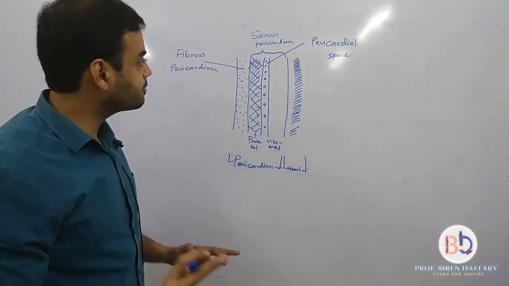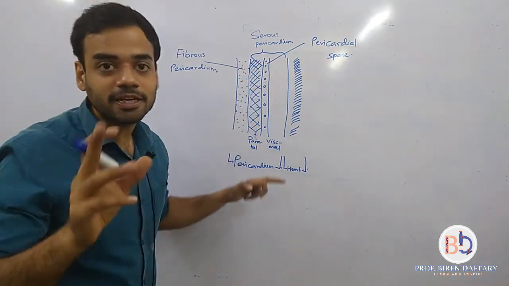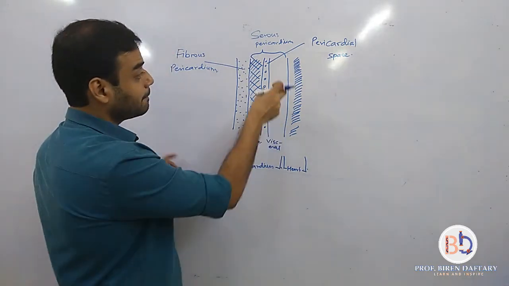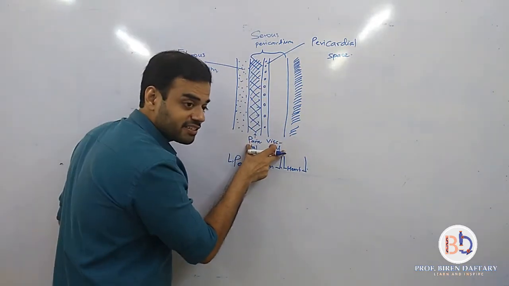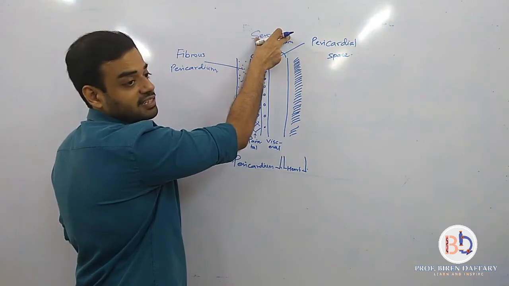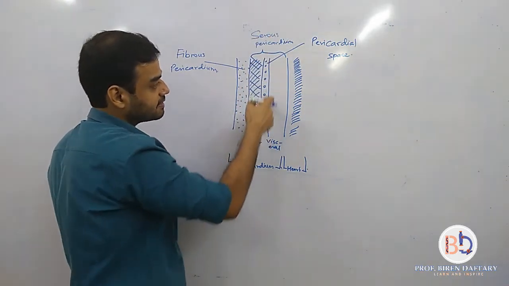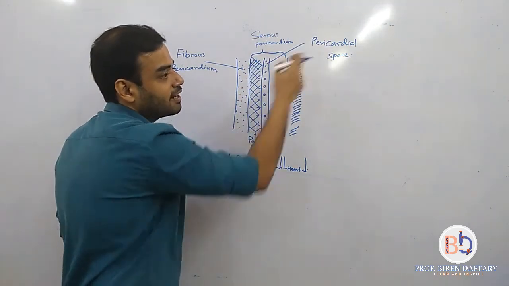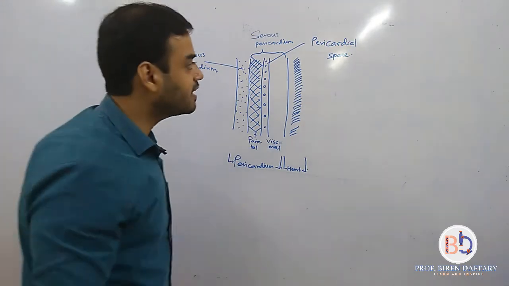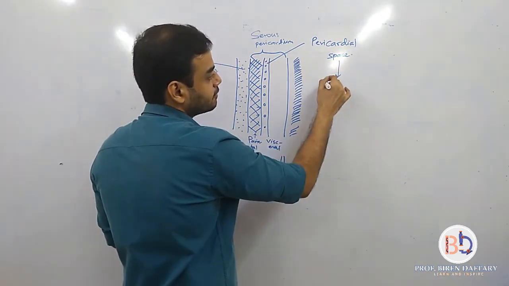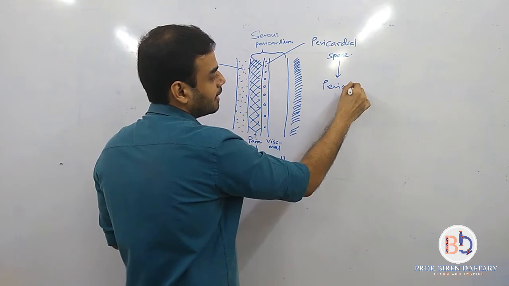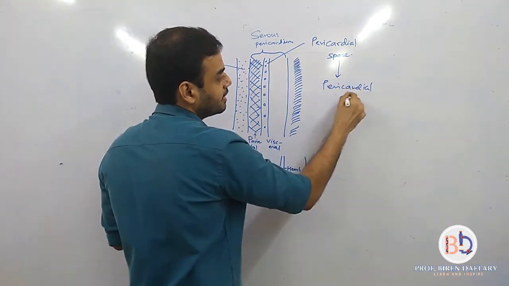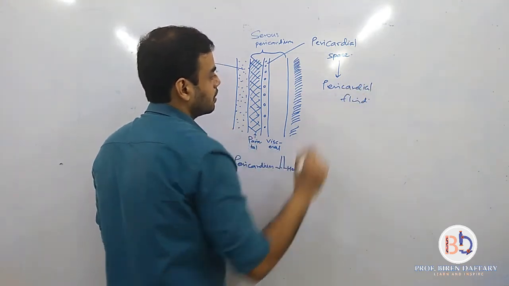It is not the space between fibrous and serous pericardium, it is the space between the parietal and visceral pericardium of the serous layer. This space is called the pericardial space, and it is filled with a fluid called pericardial fluid.